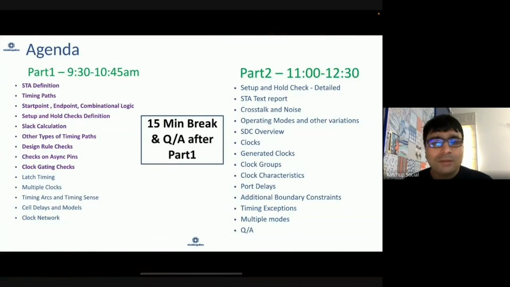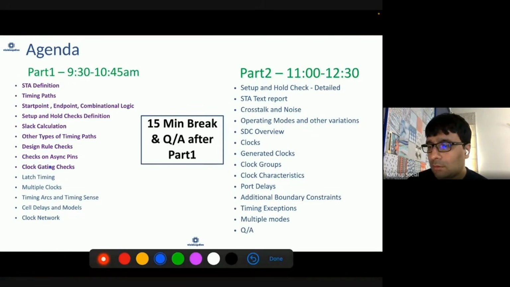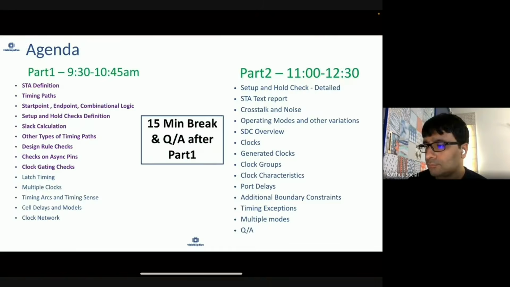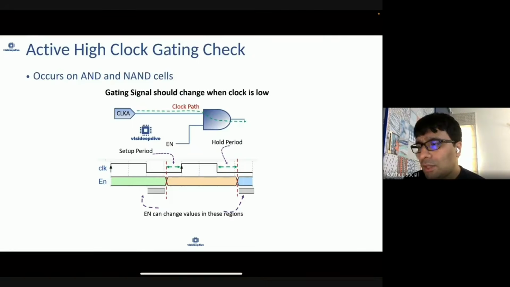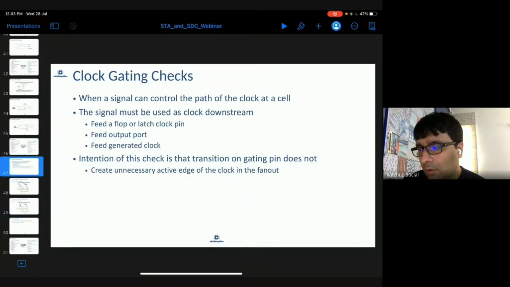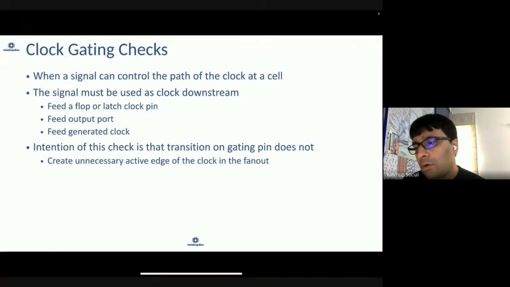So let's understand another kind of check, which is not related to setup and hold, but is basically the clock gating check. So what is clock gating check? Clock gating check is done on clock gates.